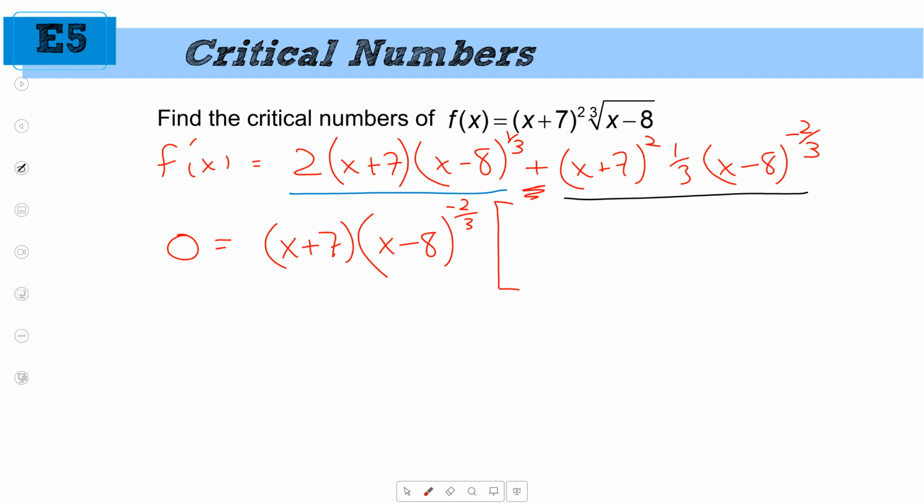Then the stuff in the bracket is just all the stuff that's left behind. So from the blue term, I'm leaving a 2 behind, and I'm leaving an x minus 8 to the first power. Does everybody see why that's to the first power? Speak now or forever hold your peace.